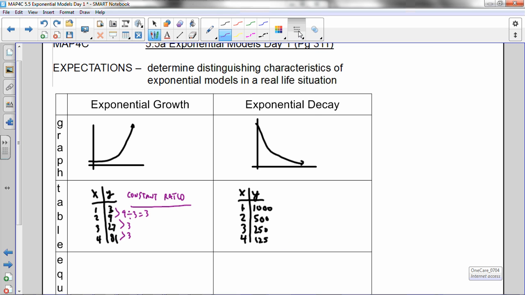And if we wanted to think of it in terms of the constant ratio, I'd go second one divided by the one before it, and that's 0.5. Because this constant ratio is less than 1, it's a fraction, that gives it a decay. So when the constant ratio is a fraction, that shows it's a decay function, okay? A decimal or a fraction.